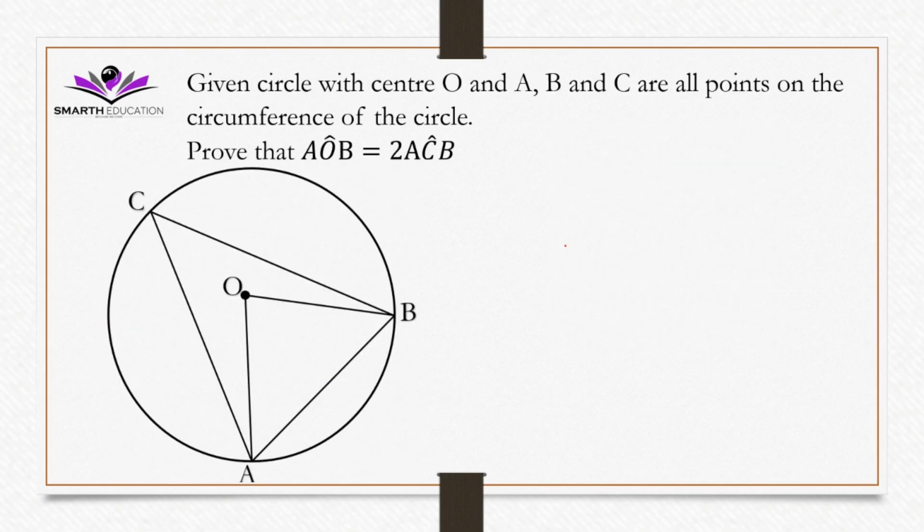So what construction do we do? We want to prove that angle AOB is two times angle ACB. So construction: remember, every proof has a construction and you have to do that construction. If you don't do it, then you're not going to get marks.